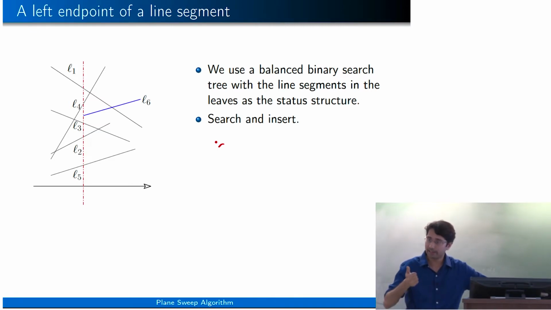With whom will I check intersection? Does L6 intersect with L4? No, it is not intersecting. Does L6 intersect with L3? No. So there is no intersection. If there is any, we will handle that.